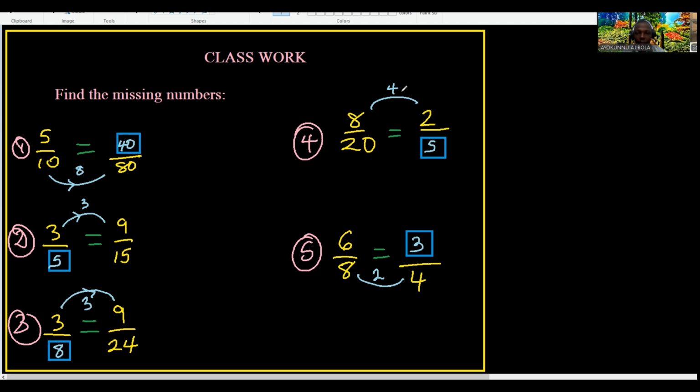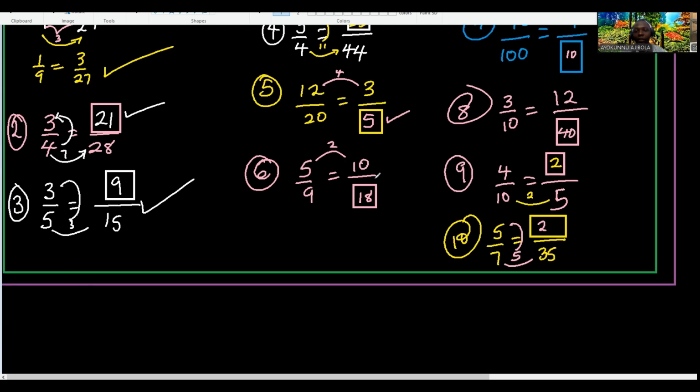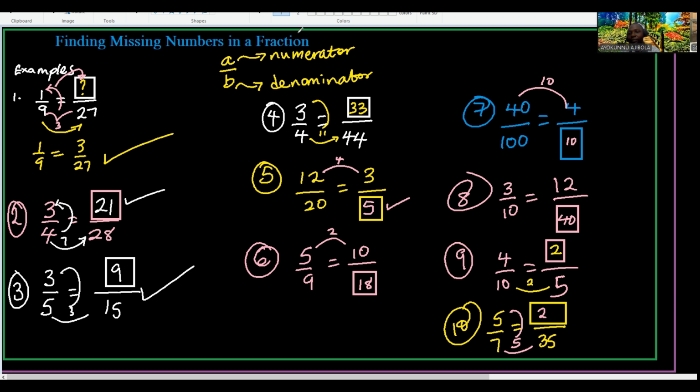Then here we're multiplying in the backward direction, and here also in the backward direction. Okay? Is that clear now? Not really clear. Okay, let me explain all over, okay?